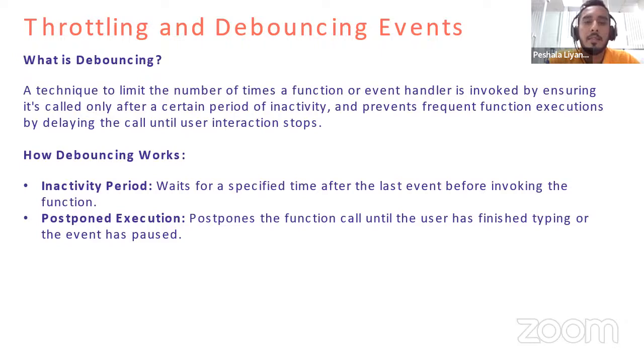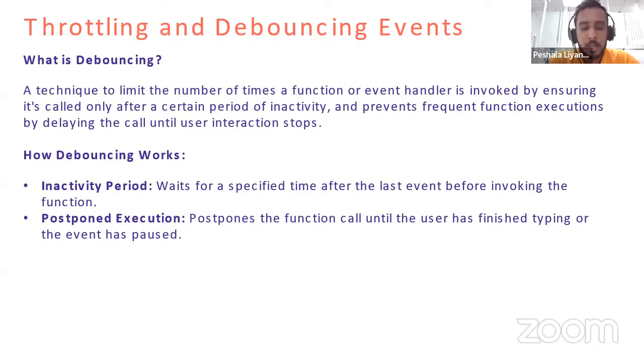So if the last event finishes, we can define a time period which we have to wait until the next event starts. That's the difference. And the use cases for debouncing are input validations, search bar queries.